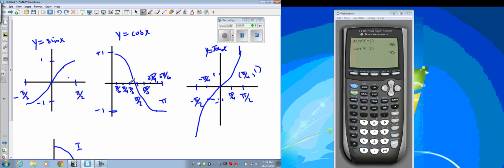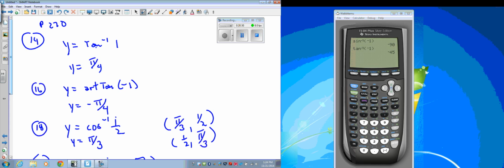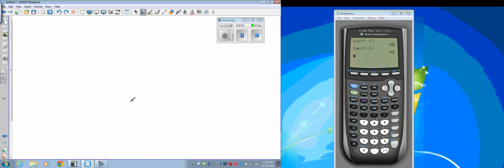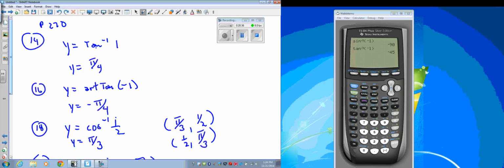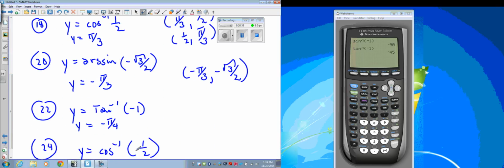Pi over 3? What was it negative? I thought it was a positive 1/2. Dang it. No, was this supposed to be 24? Supposed to be a negative 1/2? Okay. All right. I just wrote it down wrong.